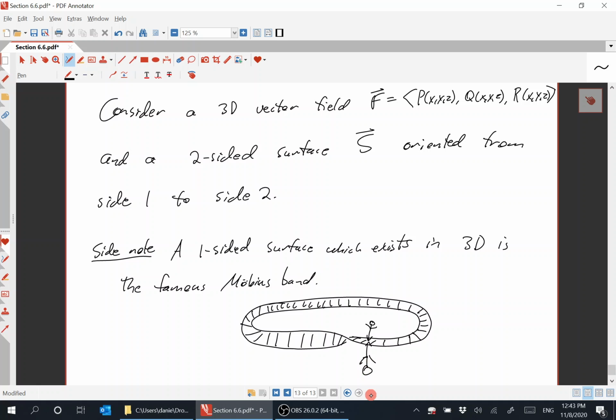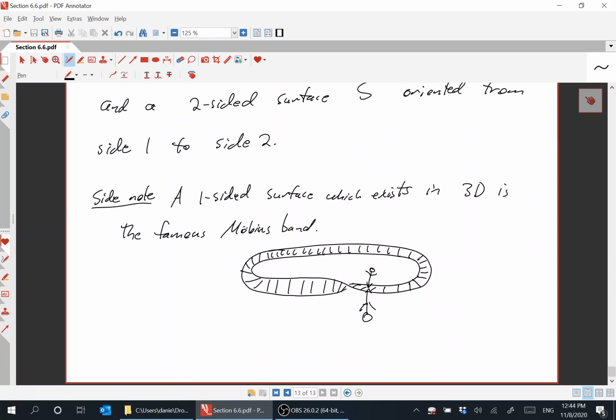And suddenly you're upside down. So I walked from this part of the surface to that part of the surface without actually leaving the surface. Thus, the surface only has one side, and the boundary of the surface is actually a circle rather than two circles, which it might look like. So that's a one-sided surface. But we're not dealing with those. We're only dealing with two-sided surfaces.